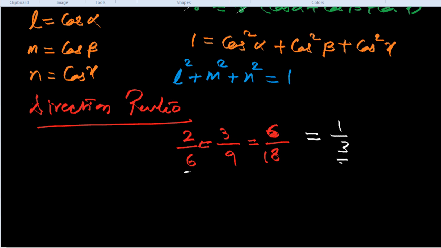So these numbers 6, 9 and 18, which make it in the same proportion, are called direction ratios.